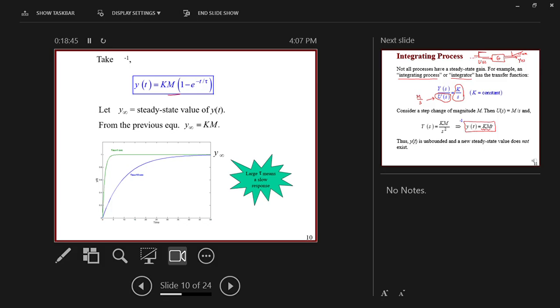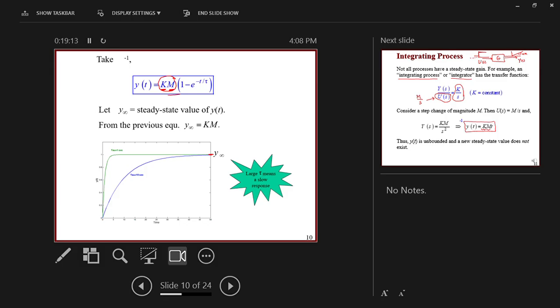This is an exponential growth function. It changes from 0 to a value of km. So km here, what is K and what is m? K, we said, is the steady state gain, and m is the size of the input. The multiplication of the two will represent the final steady state value of the change.